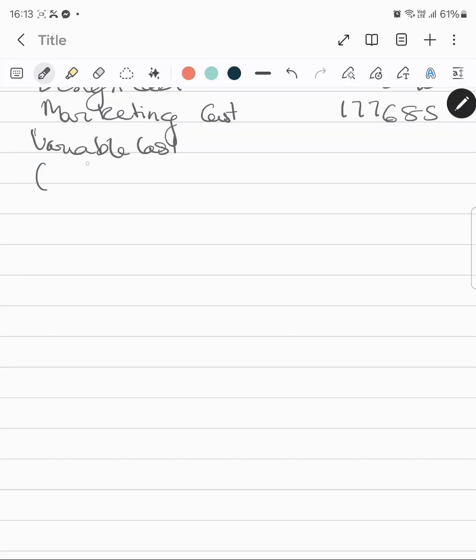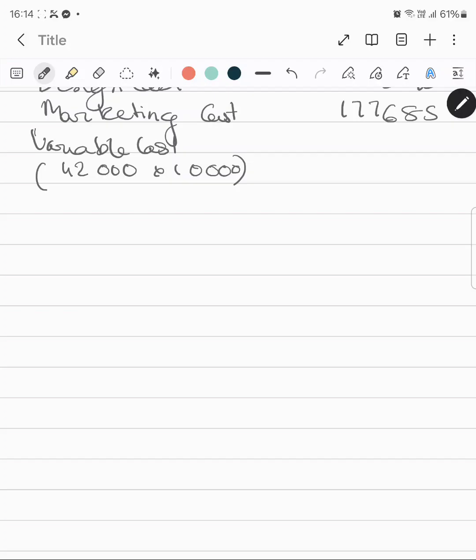So the variable cost per unit was 42 into 10,000. And also, not to mention, this was not 42, this was 42,000 into 10,000, because the figures given in the question were in thousands.